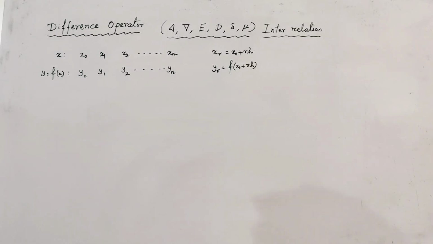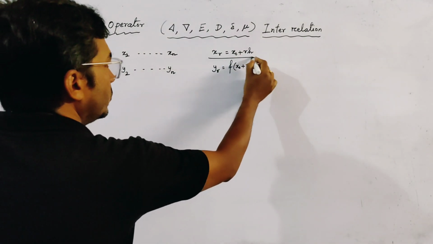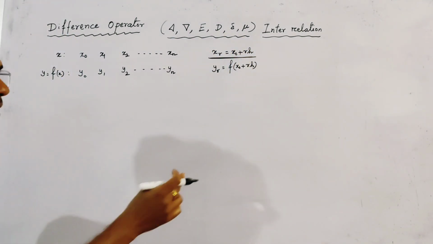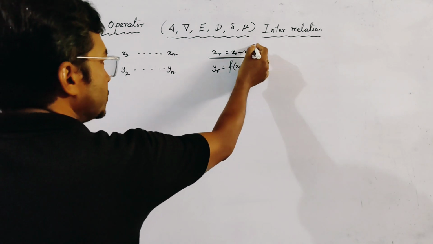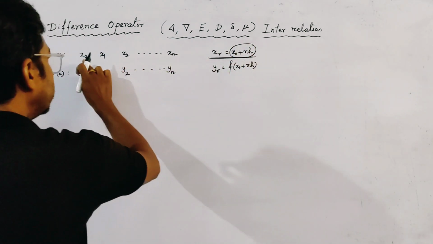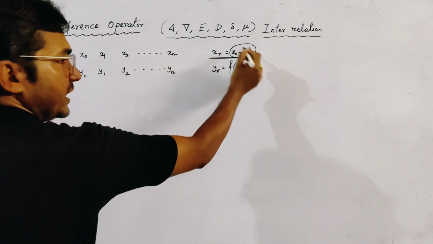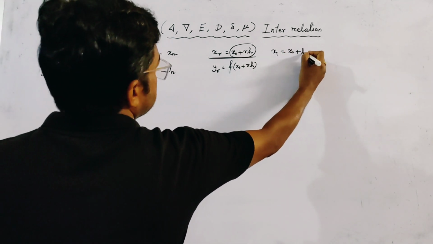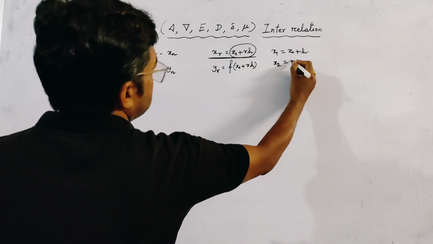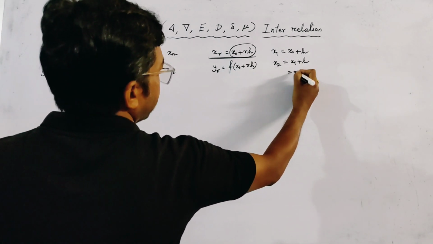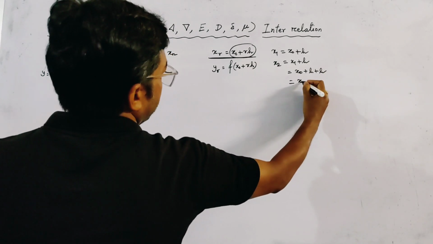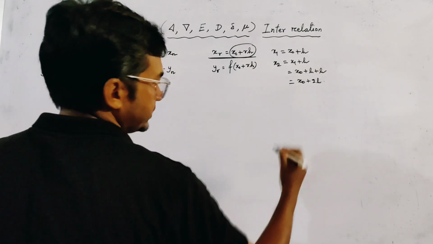All these n plus 1 values are taken as equispaced, or equidistant, because the spacing between points is h. That is, x1 is equal to x0 plus h, x2 is equal to x1 plus h, which means x0 plus 2h.